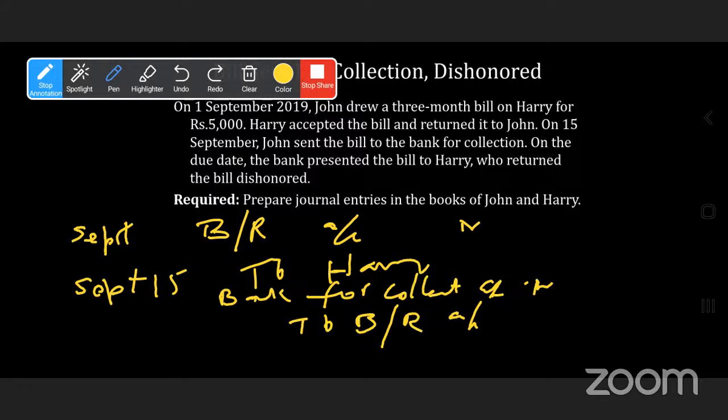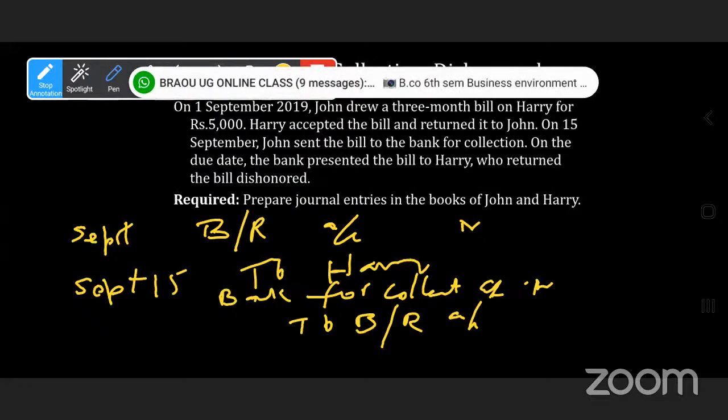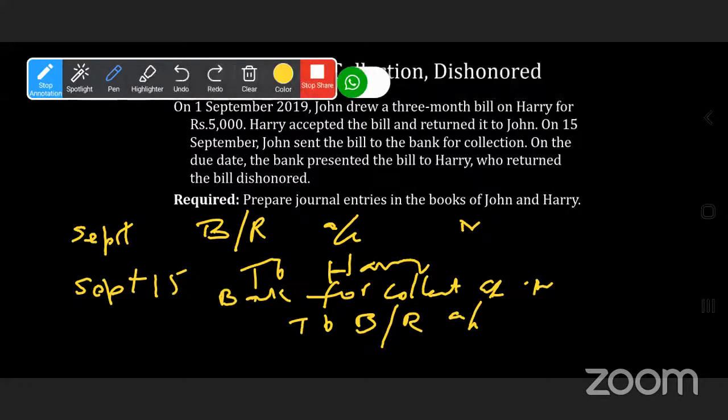So what is the narration you have to write? Being the bill sent for collection, 5,000.